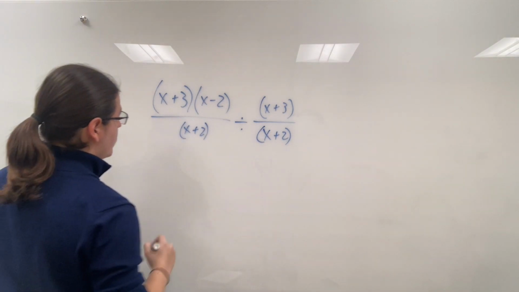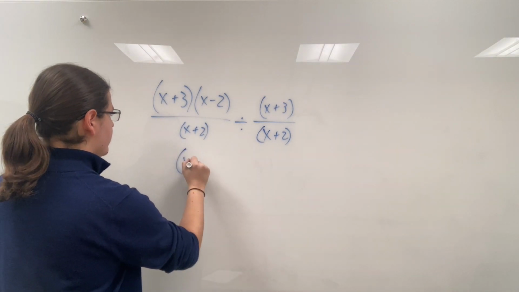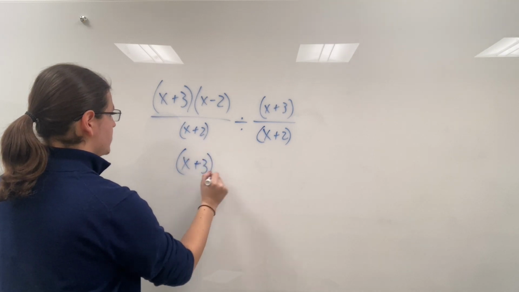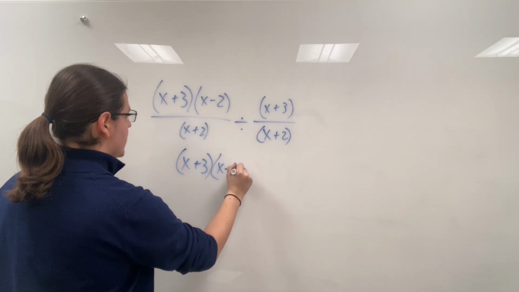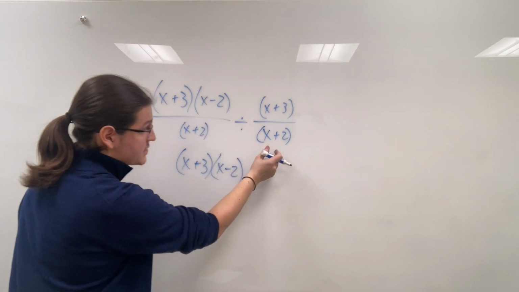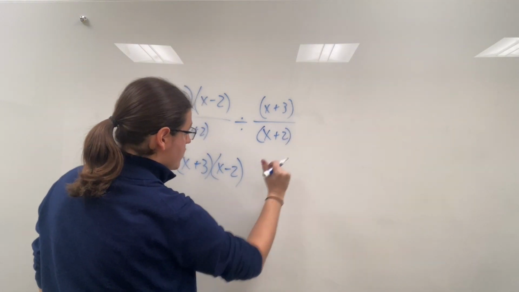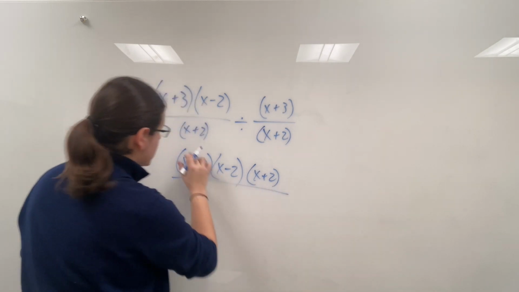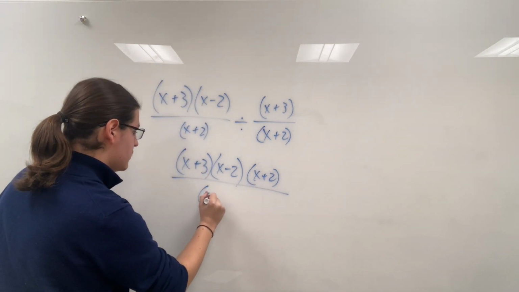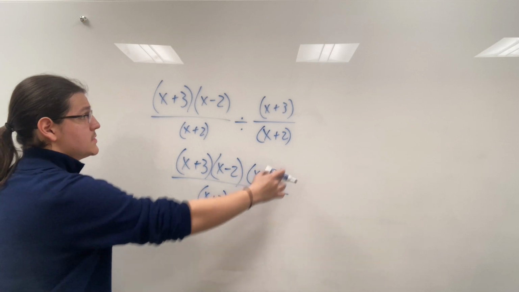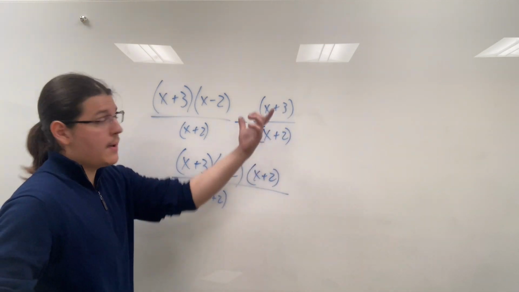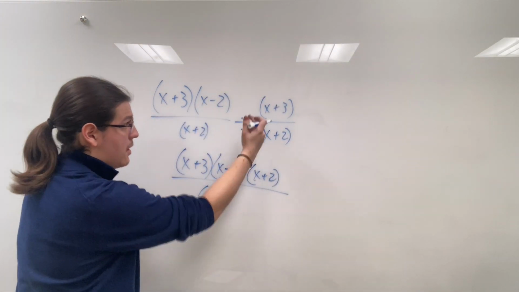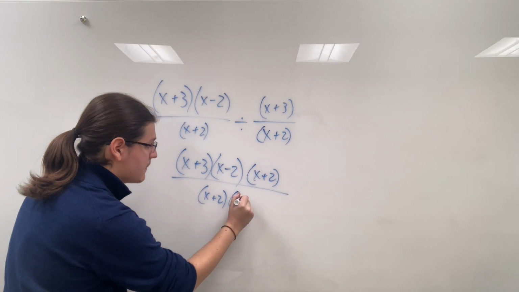On the top, we are going to have x plus 3 times x minus 2 times this right here. Remember, we are flipping them over, so it's on the bottom now. That's why we keep it right here.